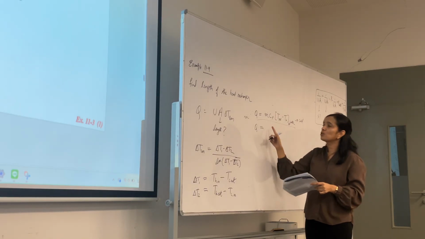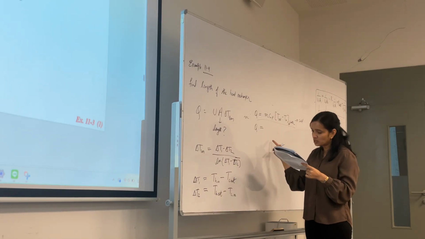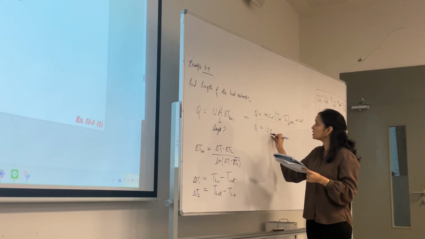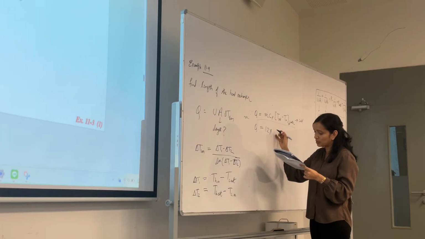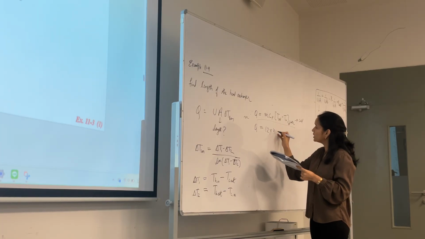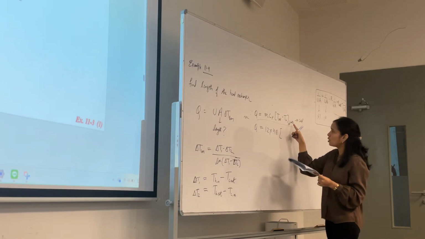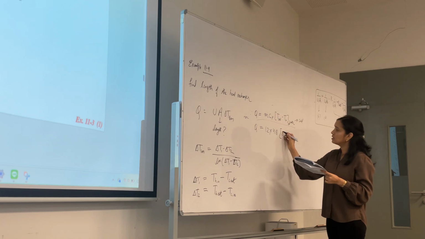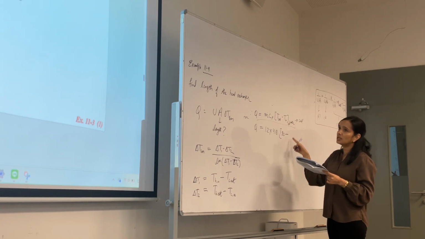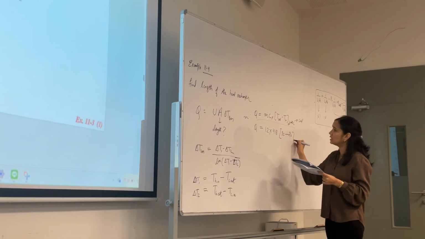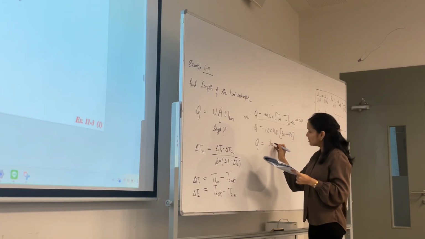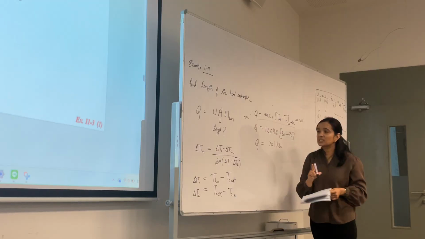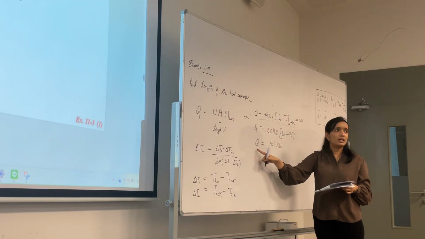Mass flow rate of the cold water is 1.2 from your question. Specific heat is not given, but at the back of your book, at this temperature, your specific heat is 4.18. T out of the cold water is 80, T in of the cold water is 20. You get the heat transfer of 301 kilowatts.